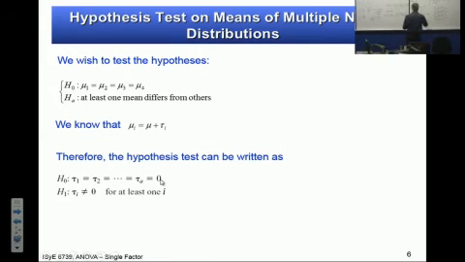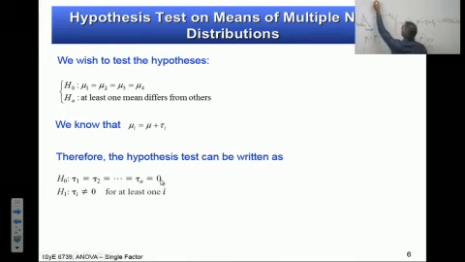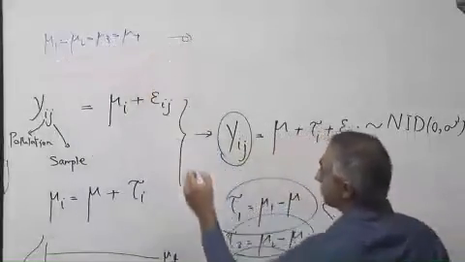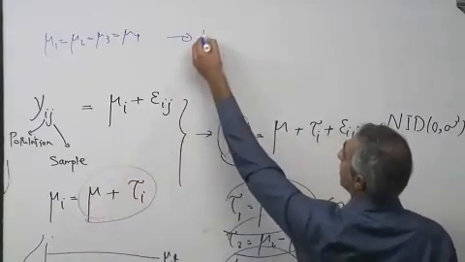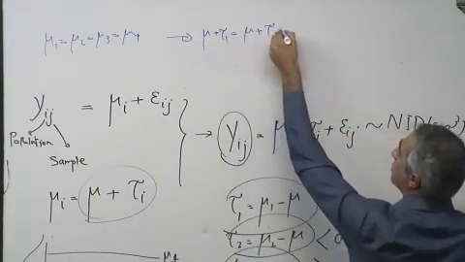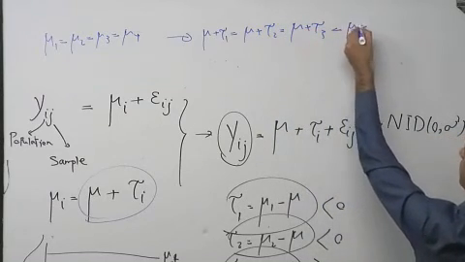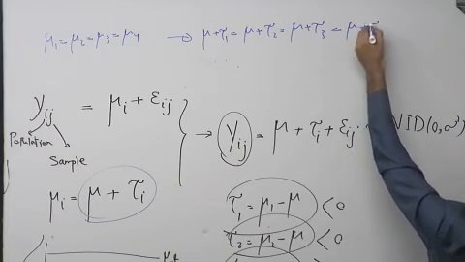Okay? And that makes sense algebraically also. If mu1 is equal to mu2 is equal to mu3 is equal to mu4, I just write down, I know mu1 is mu plus tau1, mu plus tau2, mu plus tau3, and mu plus tau4.